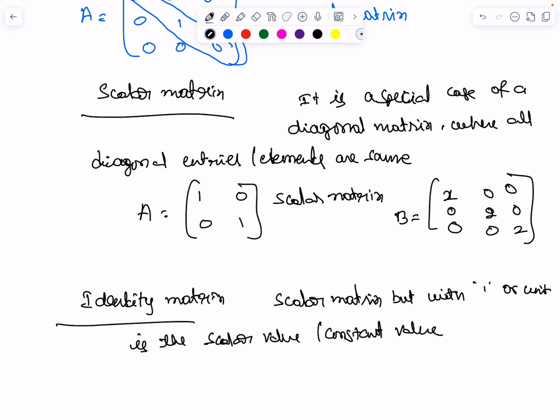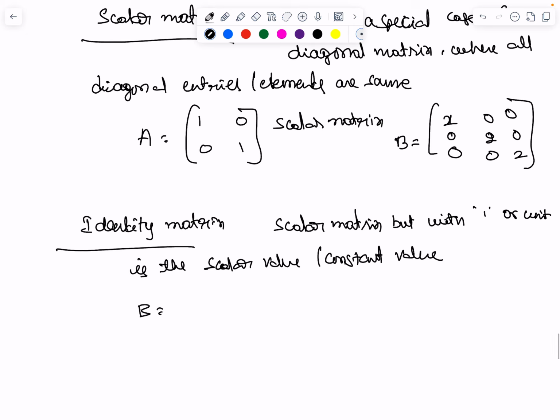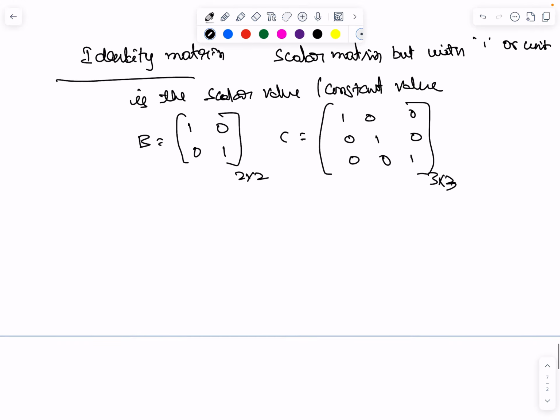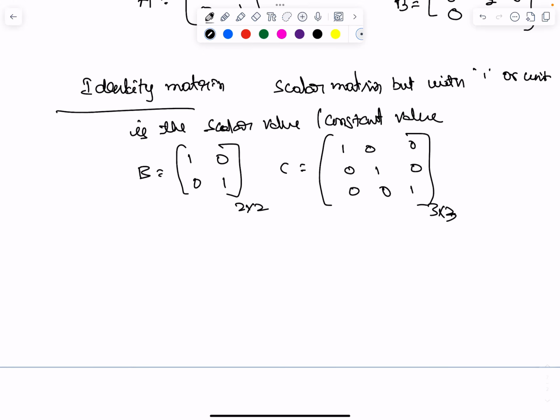That is, you can say B equal to 1, 0, 0, 1, C equal to 1, 0, 0, 0, 1, 0, 0, 0, 1. These are the identity matrices of different sizes. Always this is a square matrix and it must be invertible. We will see what the meaning of an invertible matrix is.